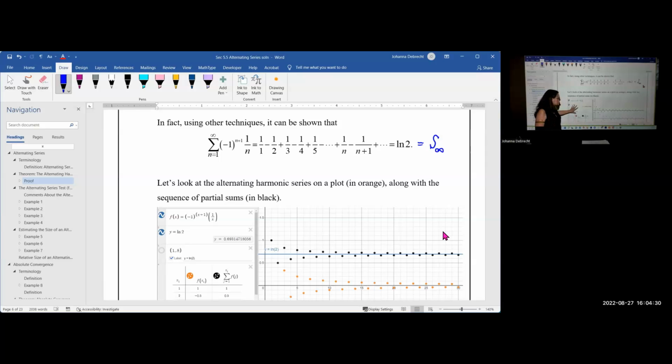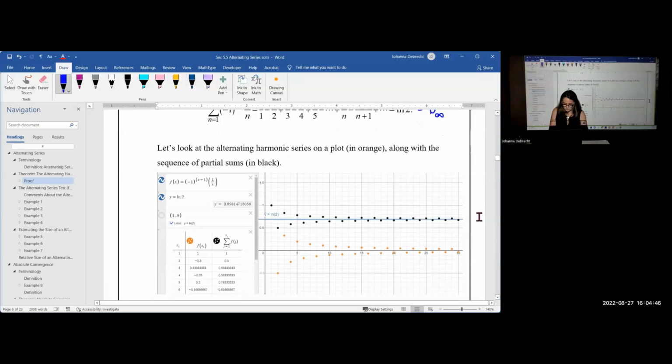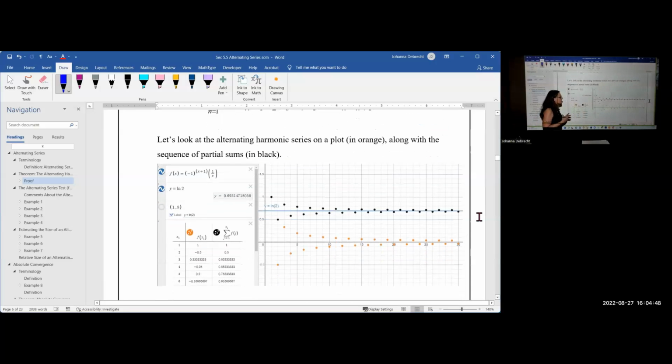All right, let's take a look now at what the alternating harmonic series looks like on the plot, along with the sequence of partial sums. So here is our series up here, and we've got a table down here. And when we're looking at this, we have the alternating harmonic series here in the orange dots.